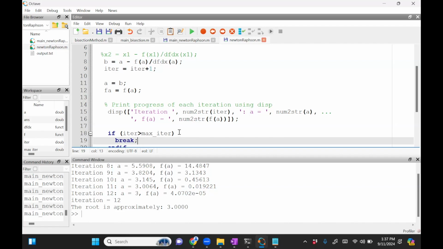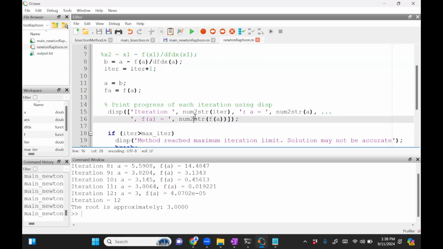But it should also print a warning, right? So it should say: method reached maximum iteration limit. Solution may not be accurate. Okay, so let's see if this works.